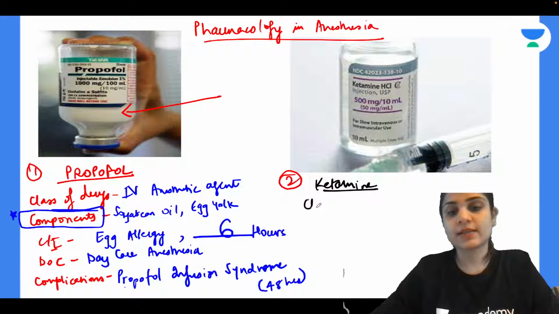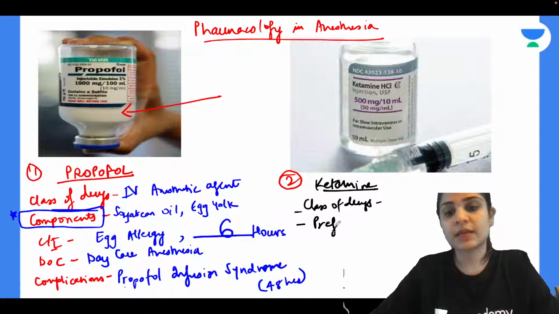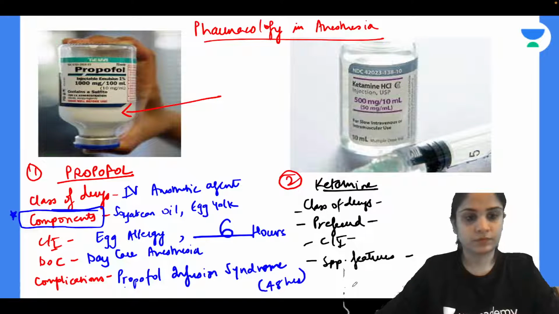Again, the first thing that they will ask is what is the class of drugs that it belongs to. Then where is ketamine preferred? When is ketamine contraindicated? What are the specific features that you see with ketamine?